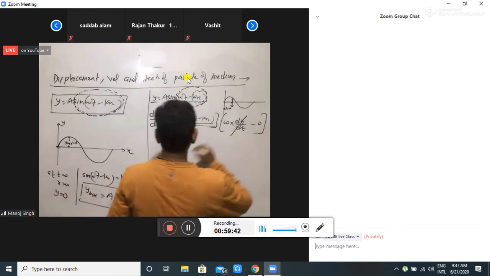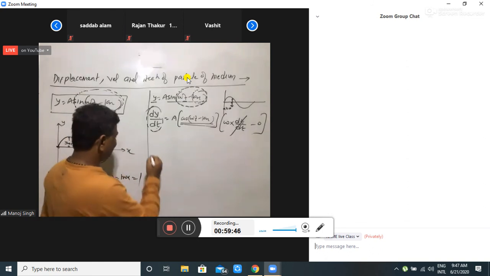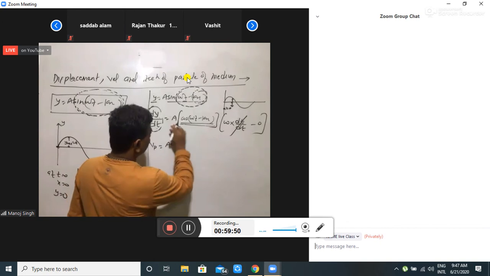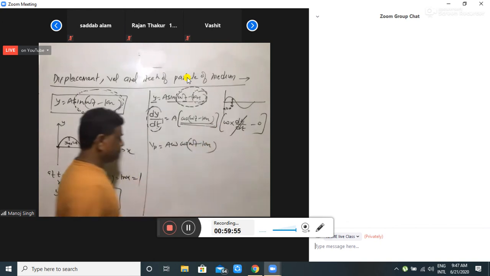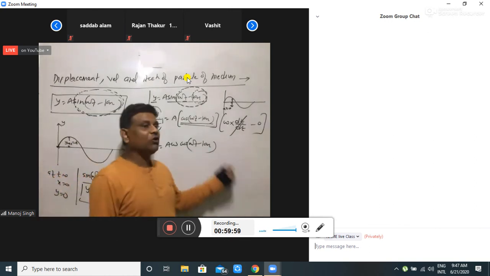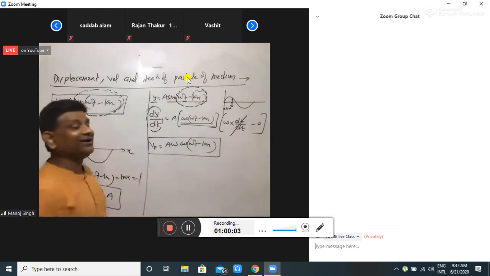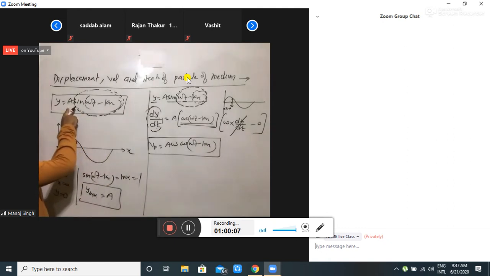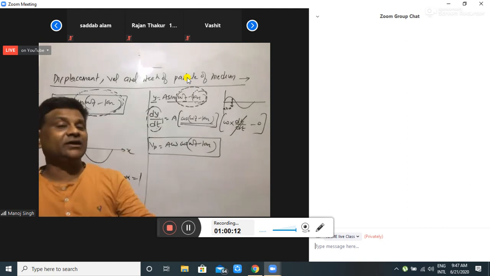Now simplify this, it will give the velocity of the particle: a into omega into cos of omega t minus kx. This is the velocity equation of the particle of the medium, and the earlier one is the displacement equation of the particle of the medium.